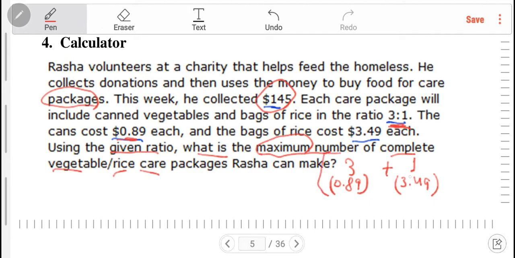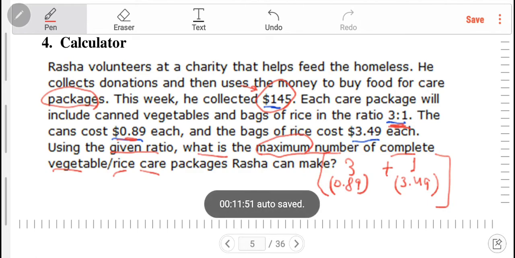Okay, that is the price of one package. Package plus package plus package, several packages to reach roundly at most 145. Yes, at most 145. No more than 145. Maybe a little bit less than 145.